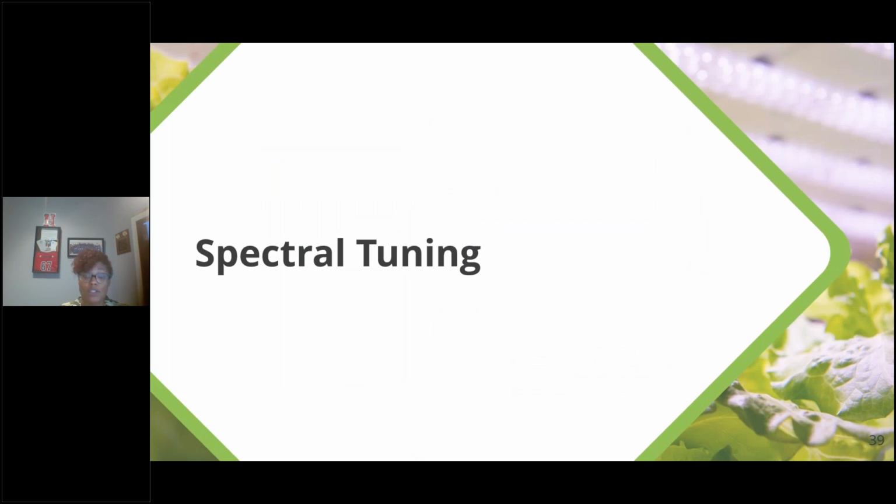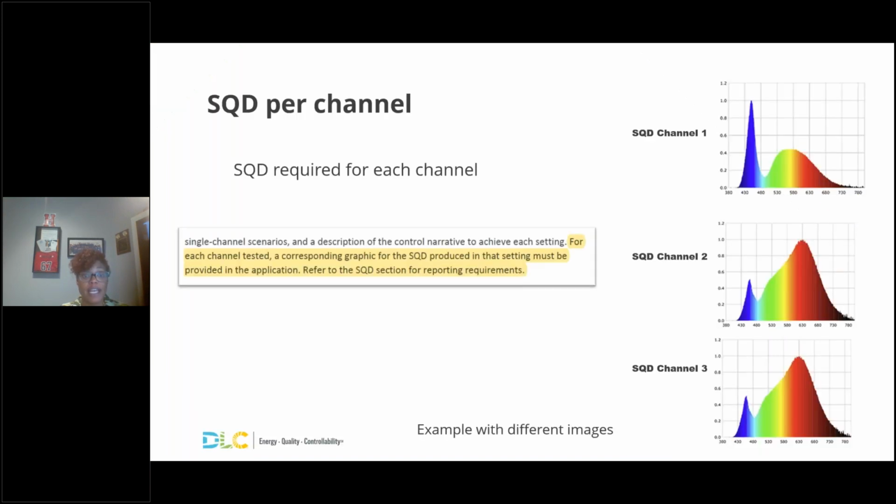I also want to make a reminder about spectral tuning products. This is not really anything new for version 2.1, but more of a clarification. So what we've done in this next slide is we've taken an excerpt from the actual version 2.1 technical requirements, which states for spectral tuning products, there must be a SQD for each channel.